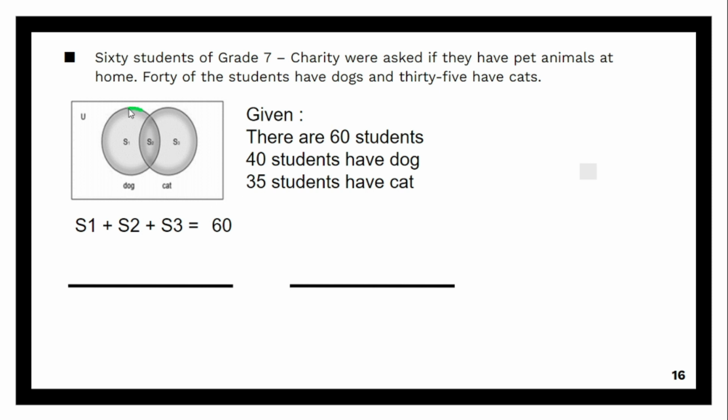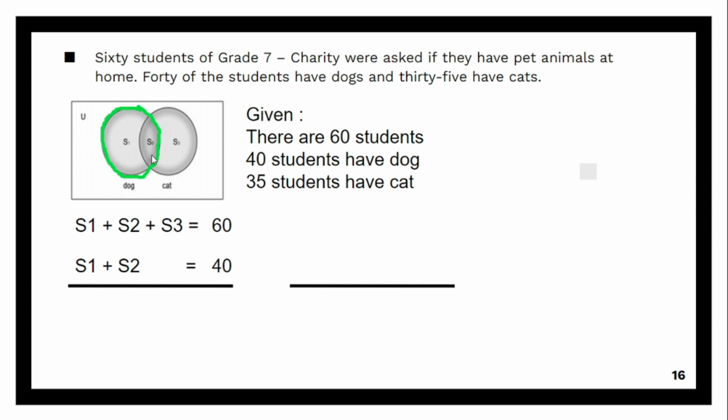This dog. Yung sa dog only. Dog, yan, sa dog. So, we have for dog, S1 plus S2. Diba? This S1 plus S2 are the number of students na nagsabi na gusto nila ay aso. At iyan ay merong 40 students.